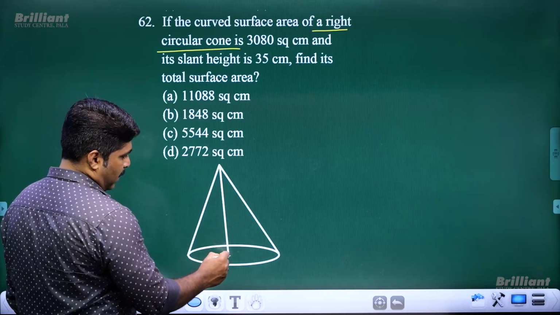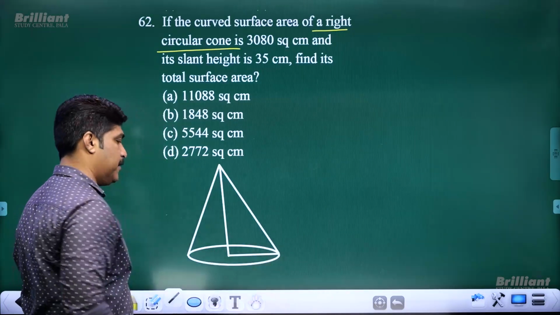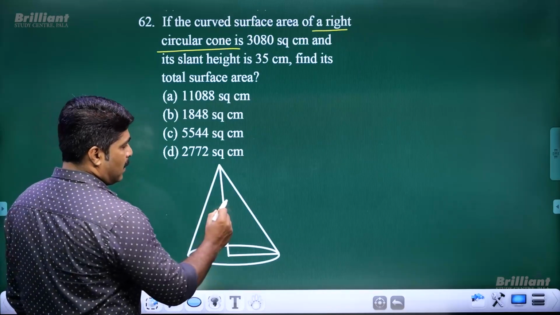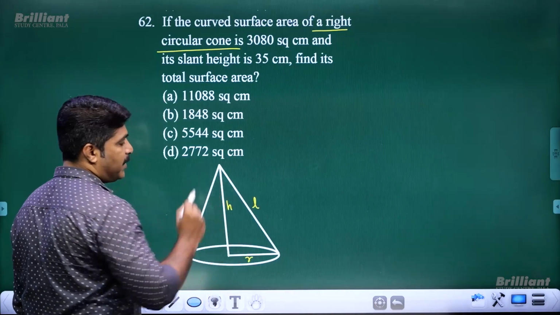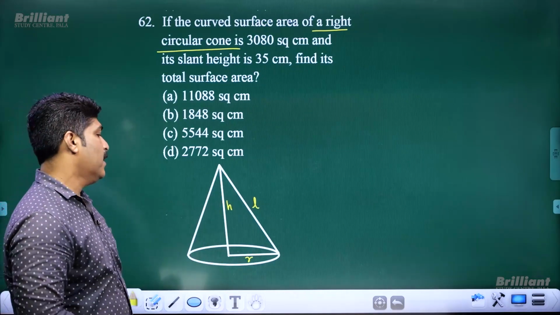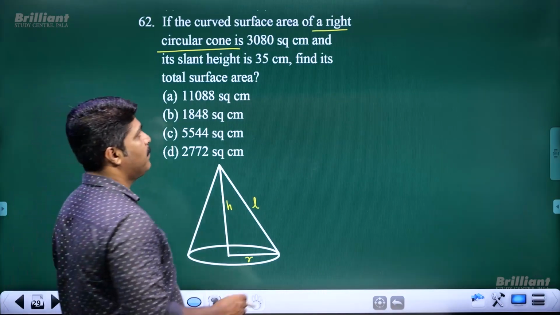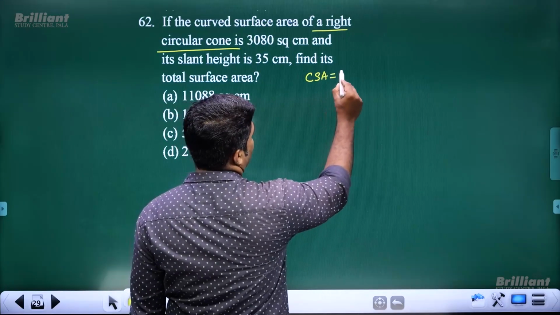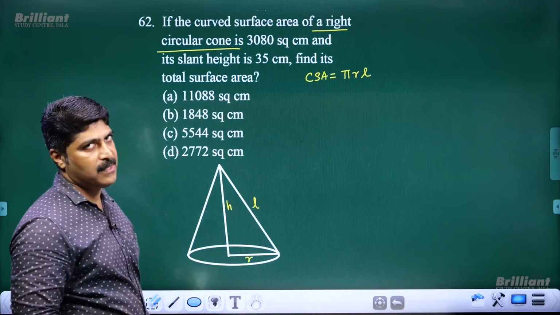Here we can consider the height, and this is the radius. Just mark it. This is height, this is radius, and this is slant height. For this right circular cone, what is the curved surface area? The curved surface area of a right circular cone is pi r L.